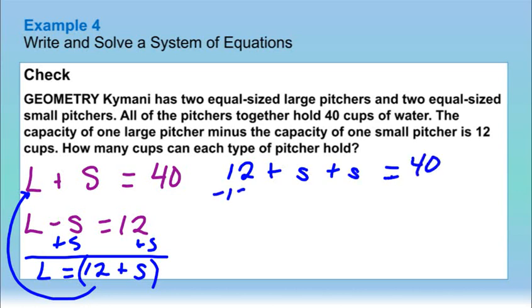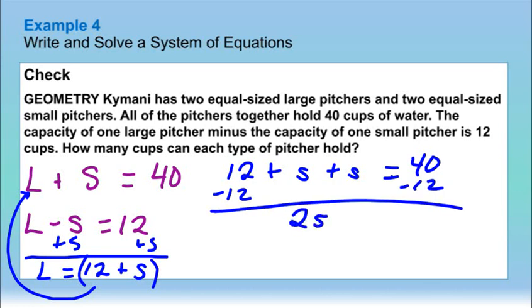Now I subtract 12, and that gives me two S's equaling 28. Divide that by 2. Small pitchers, we would have 14. Then if I substitute that in for S, I could solve for L.